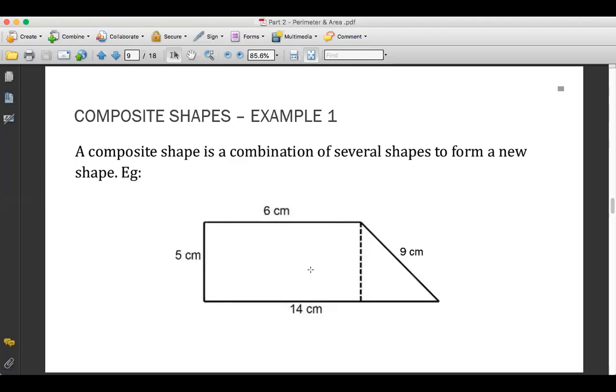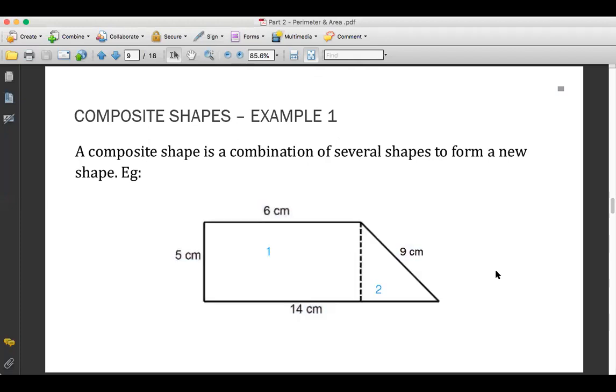Okay, Youngjun, what two shapes do you see here? Composite shape is when they combine.